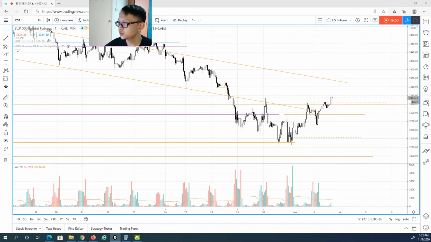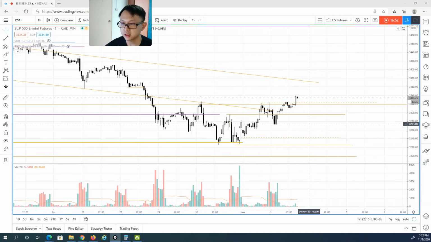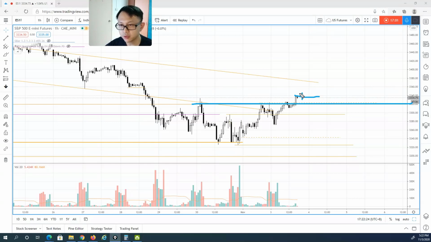For the session later, I'm planning around this level, somewhere around 3320. If it can break above, then we can probably see some continuation to the upside, to ride on this type of breakout trade. Otherwise, it may go back and test the resistance-turned-support level and then reverse from there.